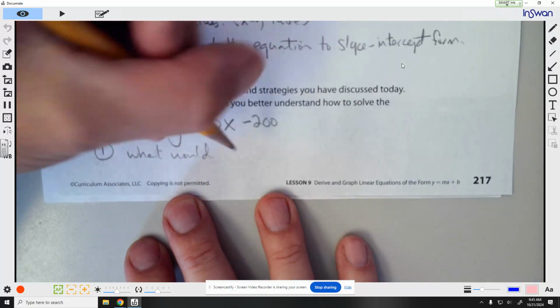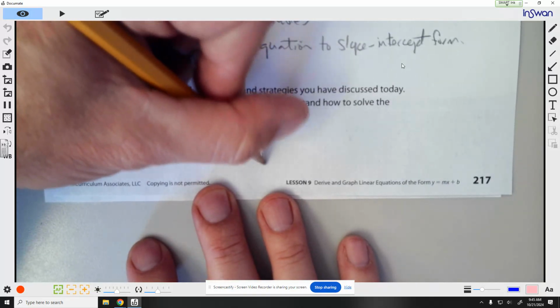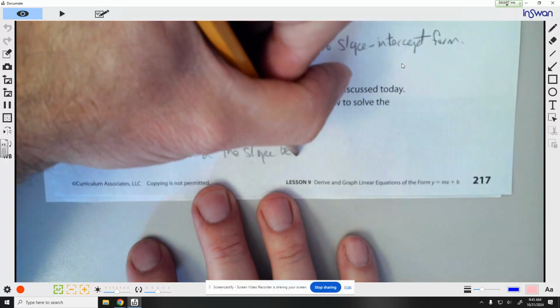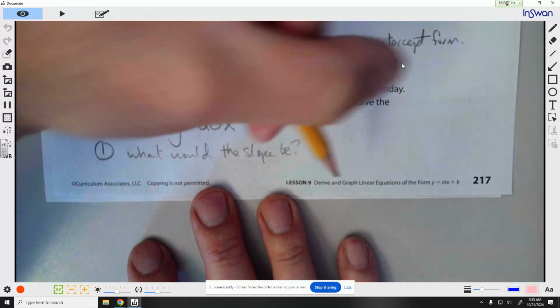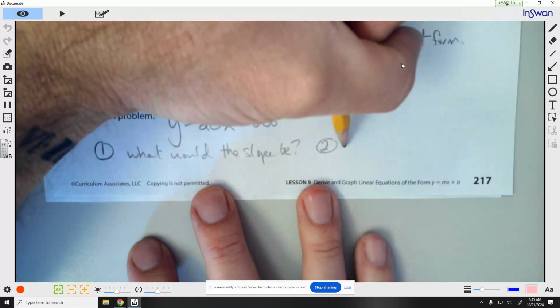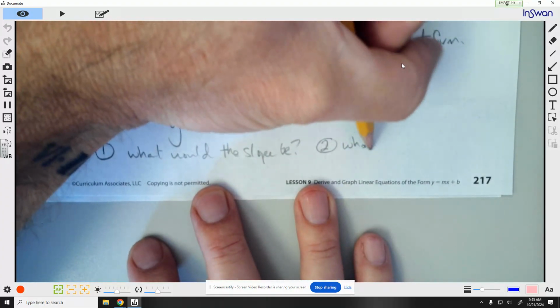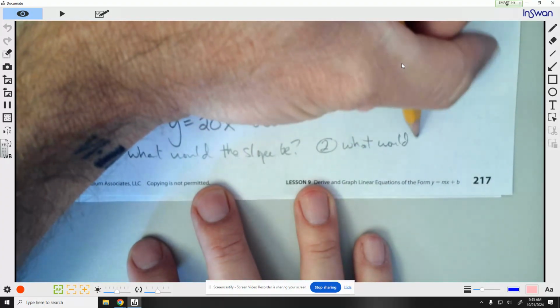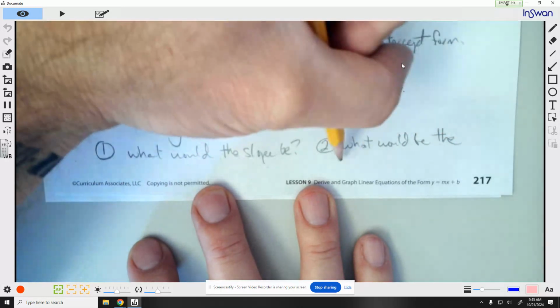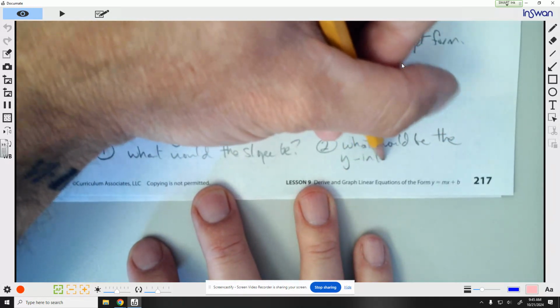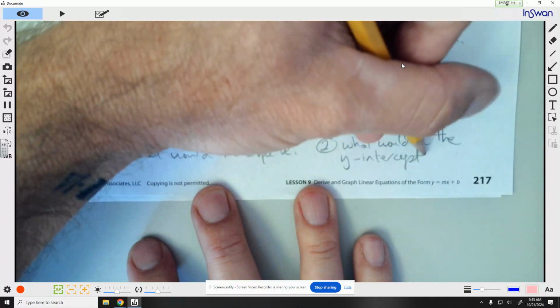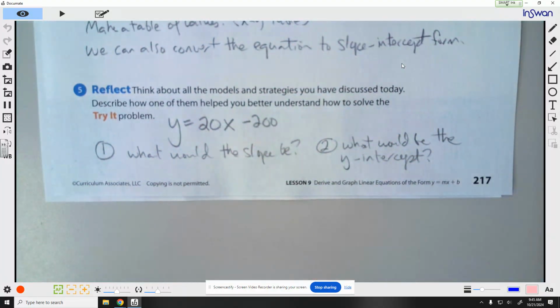What would the slope be? Number 2, what would be the y-intercept? Okay, that is it.